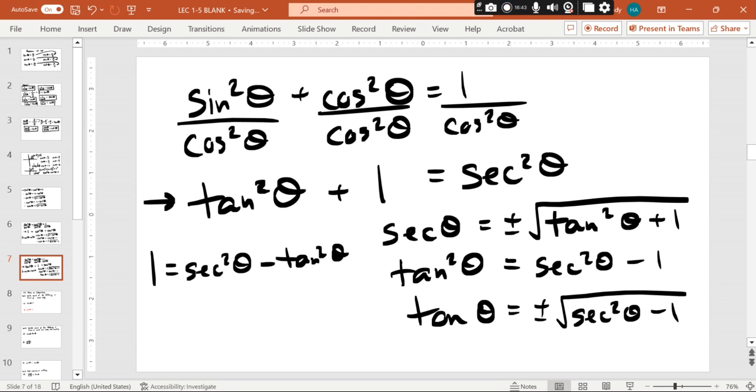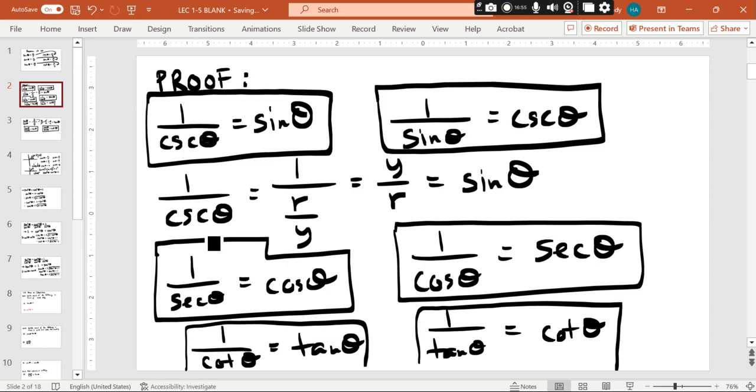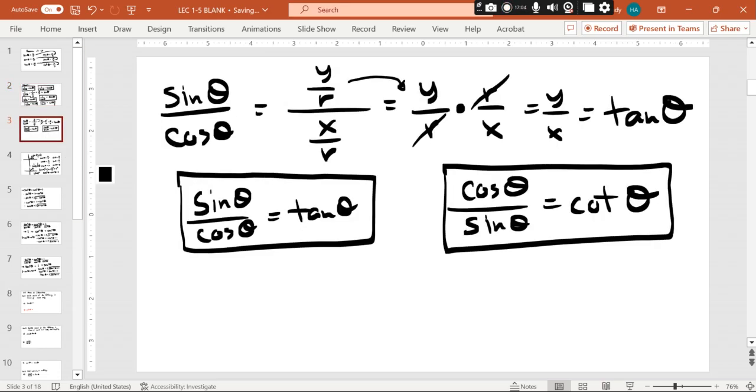Okay, so let's review just real quick, and then we'll go on to the next part. So based upon my definitions, I am able to make 6 ratio identities. There it is. Sine over cosine is tangent.